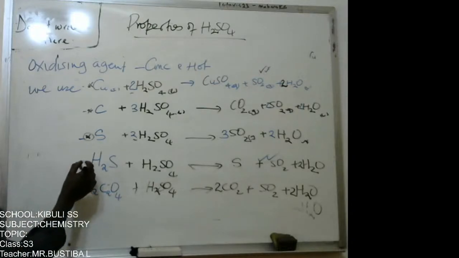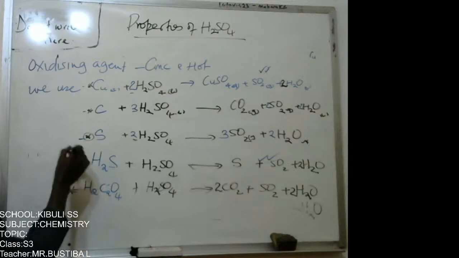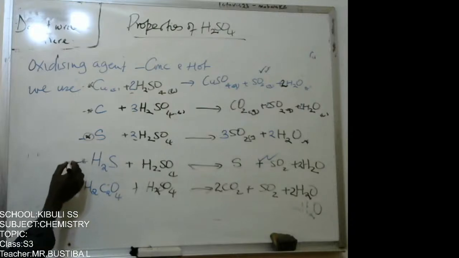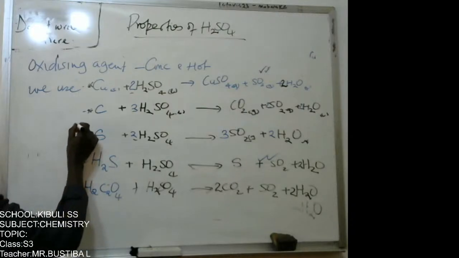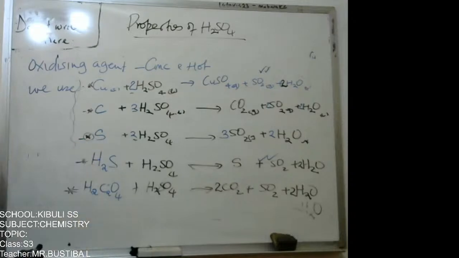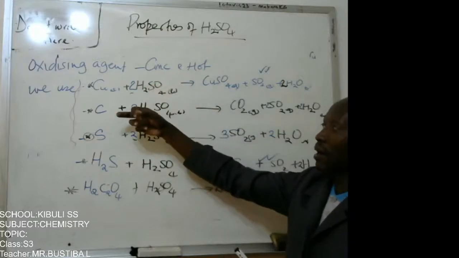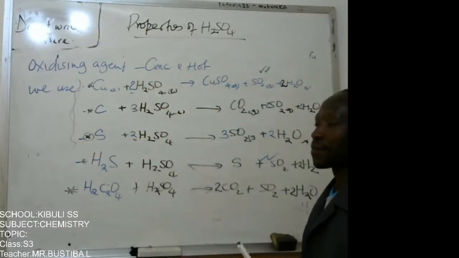And briefly, we made this one under the property of hydrogen sulfide. Briefly, and we left it. So these are the two, but these three, please, they must be at your fingertips. These three: copper, carbon, and sulfur.